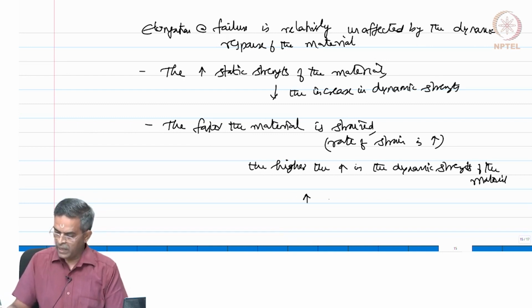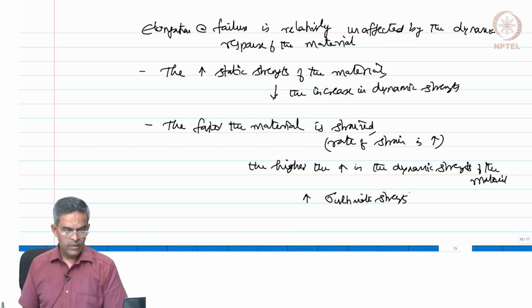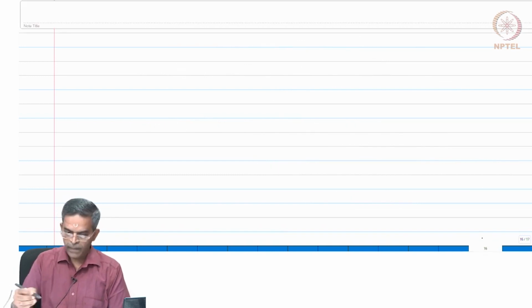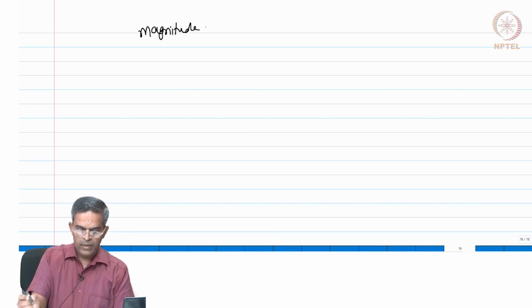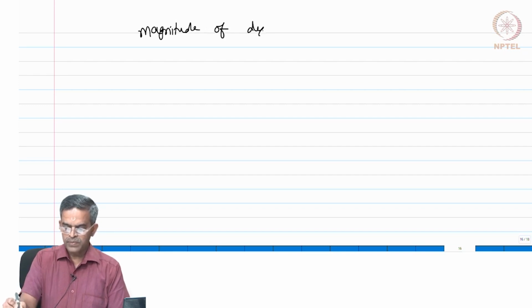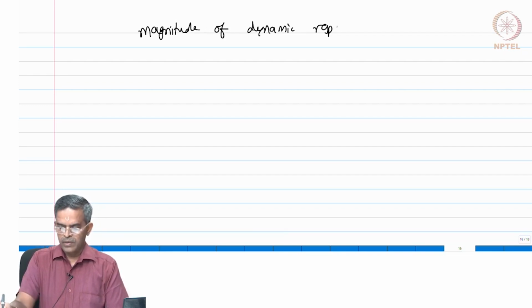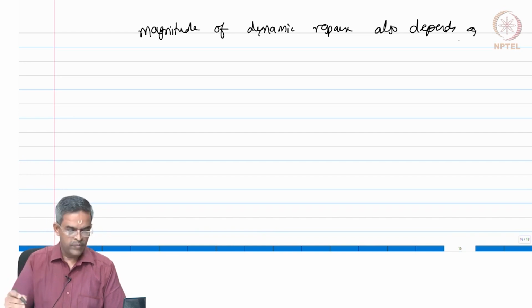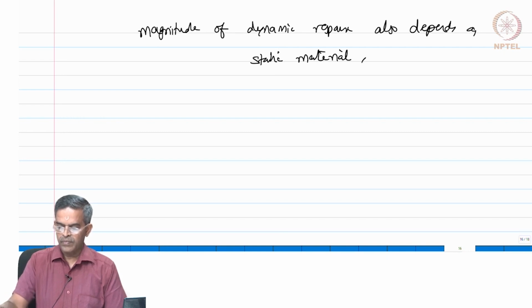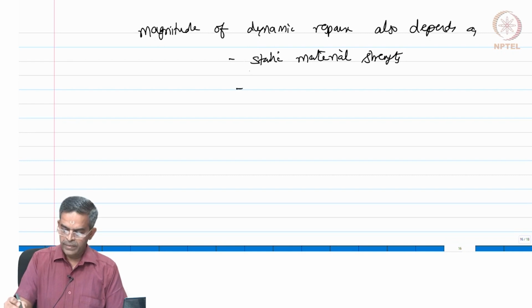It also increases higher ultimate strength. Therefore, friends, magnitude of dynamic response also depends on static material strength and very importantly strain rate.